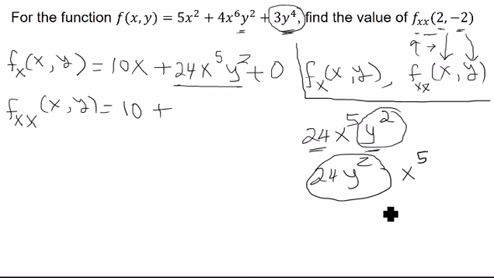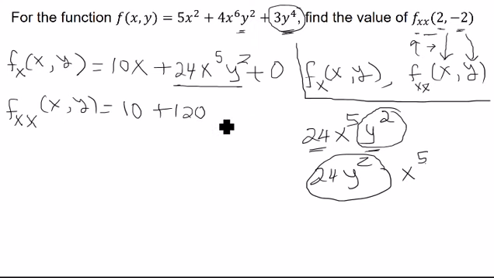So as you know, when you differentiate a power of x with some coefficient in front, that coefficient is not going to change, so it's just going to be 5x to the 4, and that 5 will multiply the 24, so it's going to be 120, because 5 times 24 is 120, I hope.